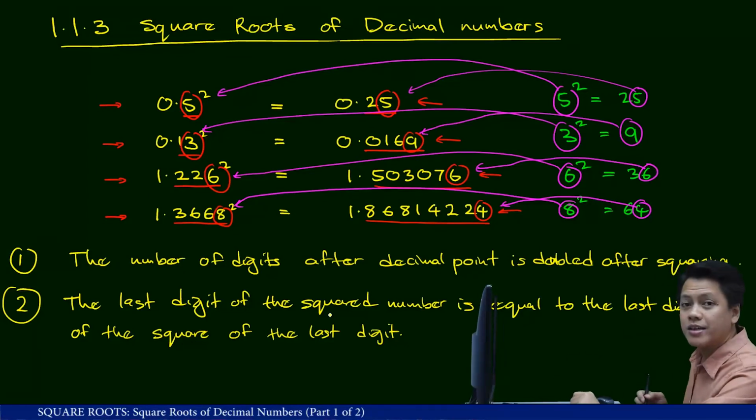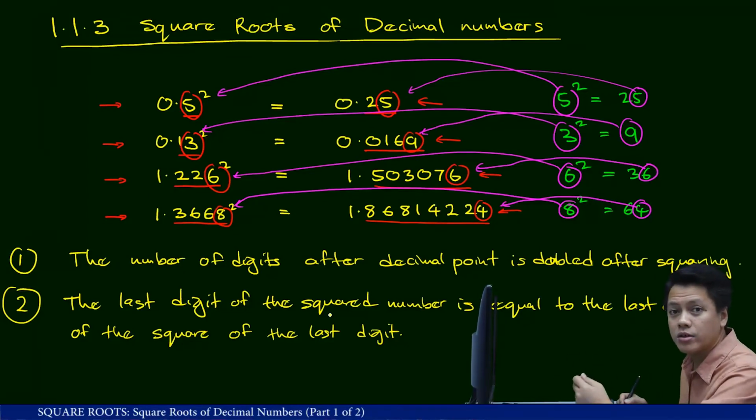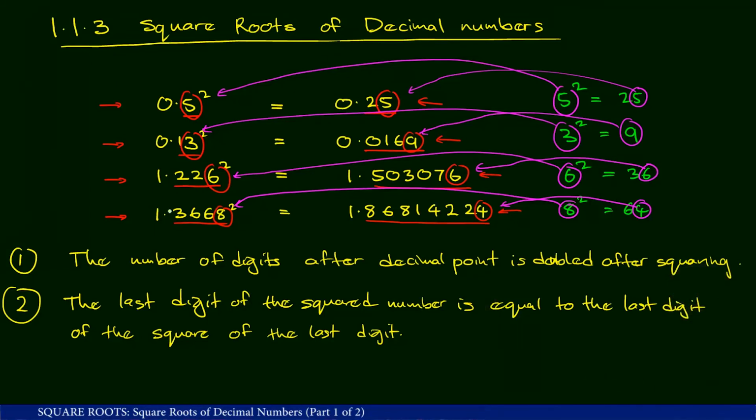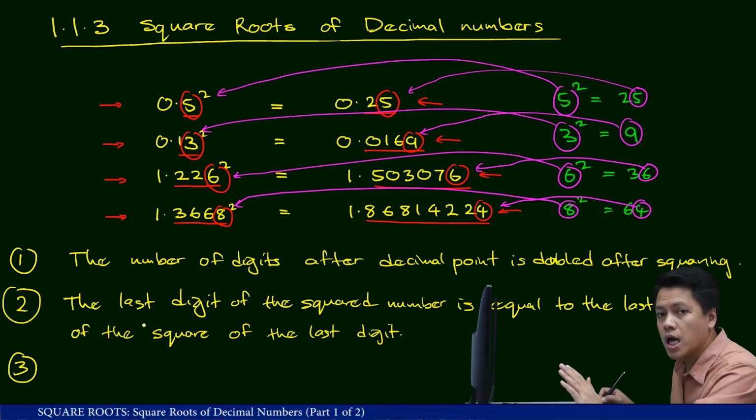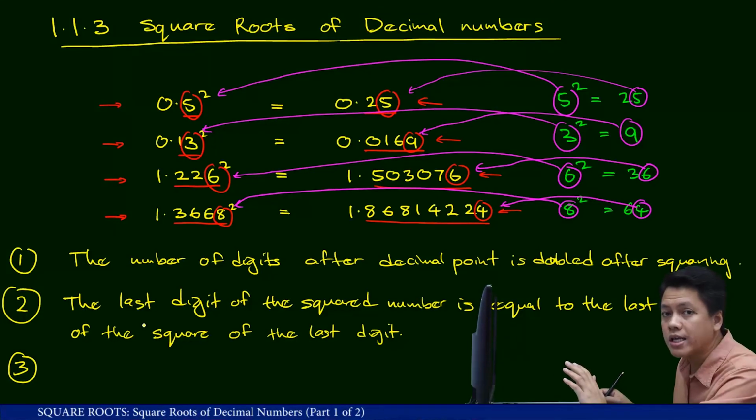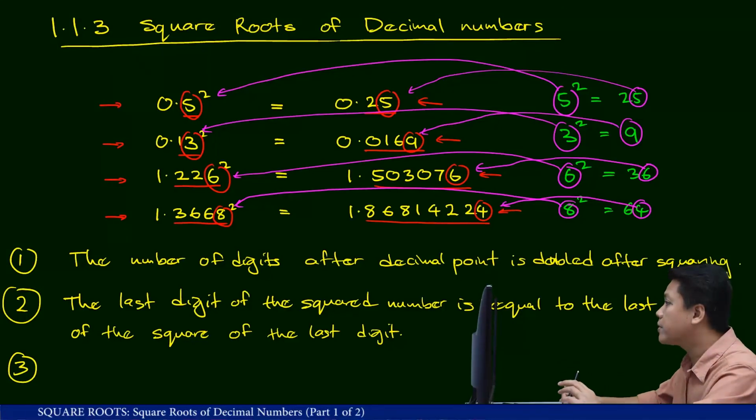And what about the next observation that you can note down? The third observation is that the square of a decimal number can only contain an even number of digits after the decimal point. Even number, yeah? Take a look at this. This has 2 decimal digits, this has 4, this has 6, and this has 8.